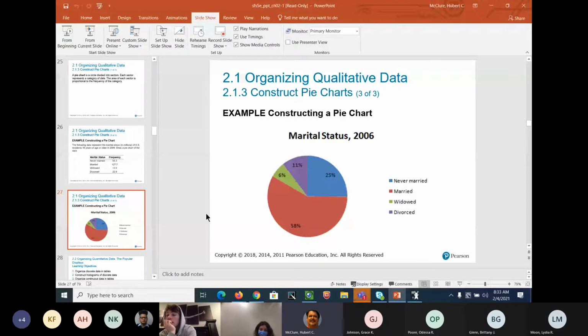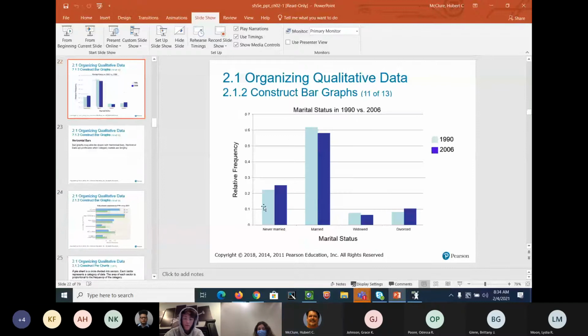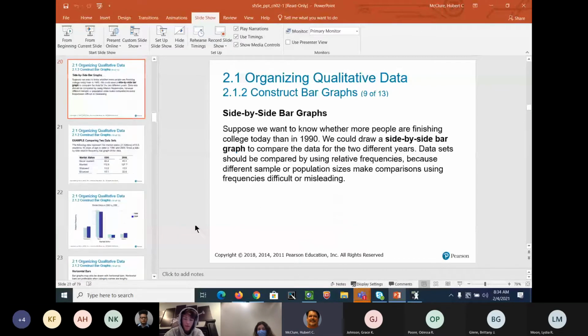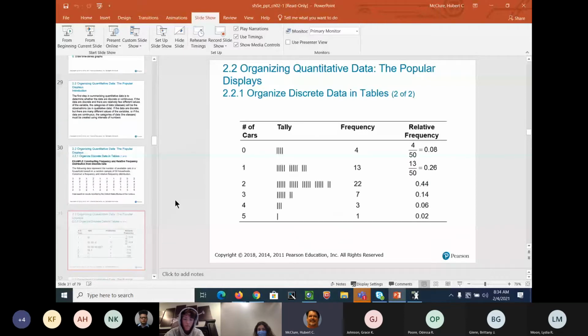And that's how you do pie charts and bar charts. Bar charts are usually on the frequency, the head count, where your pie chart is usually on the relative frequency. And that's pretty much what we're going to do.